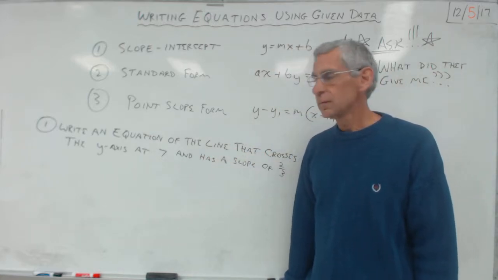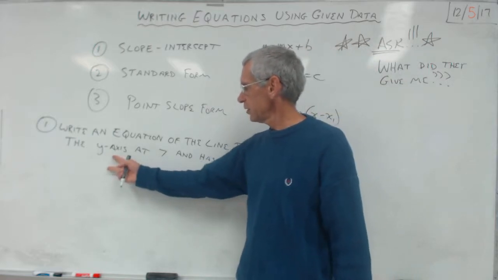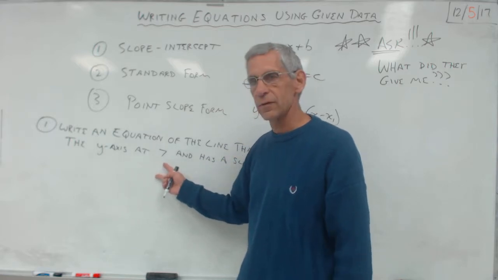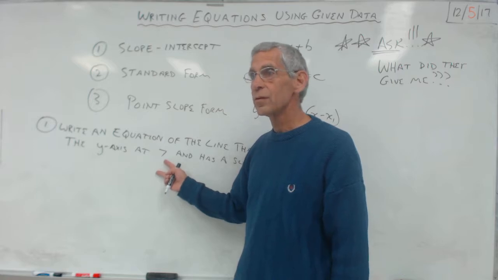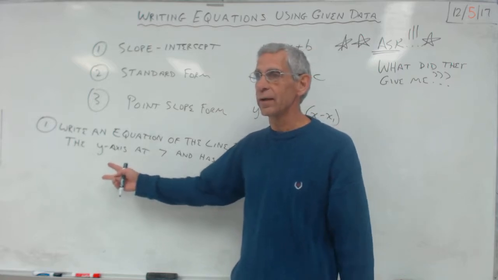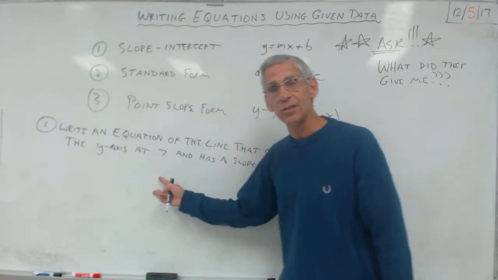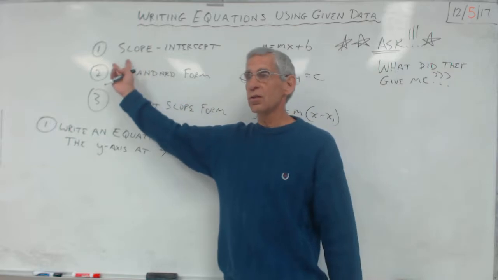Slope intercept. How do you know? Because it says y-axis. It crosses the y-axis at 7. Yeah, but the y-intercept would be b. Oh, that is the y-intercept. You're right. So they gave us an intercept and they gave us a slope, so we would use slope intercept.